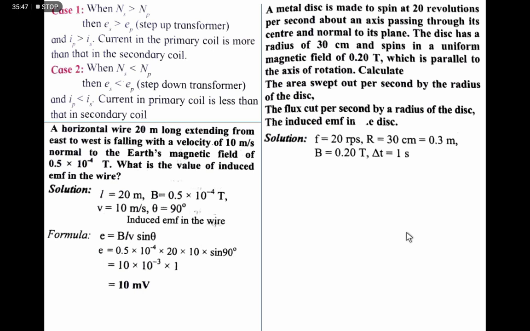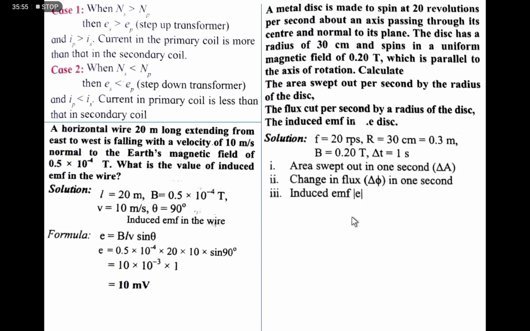The time interval is given as 1 second, delta T is 1 second. Now what is to be found? The area swept out in 1 second, that is delta T is 1. Then the change in flux, delta phi, in 1 second, and the induced EMF.